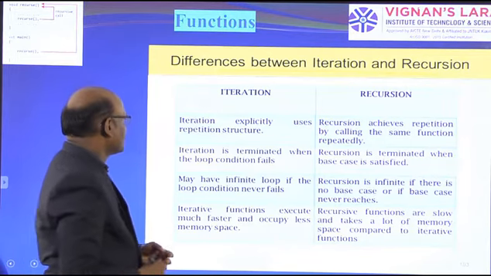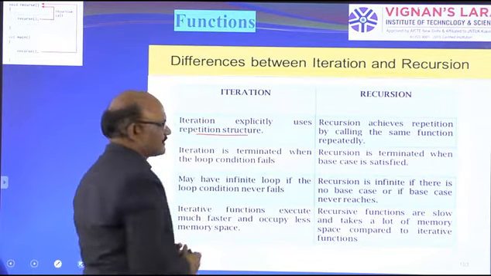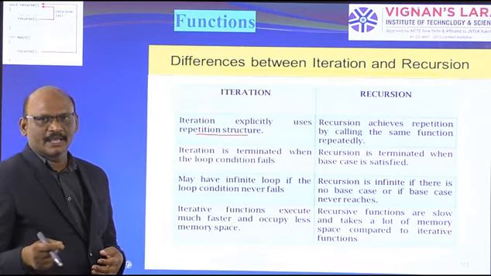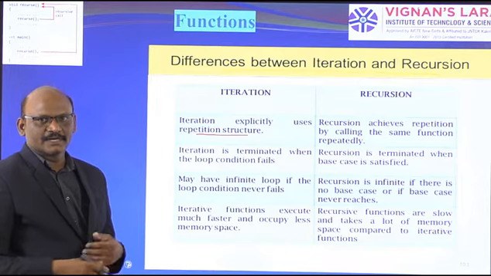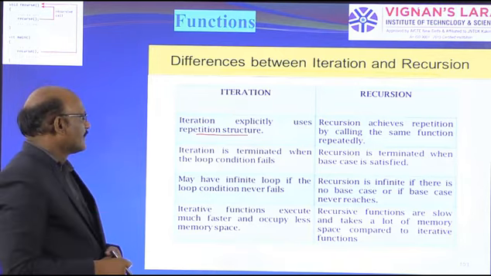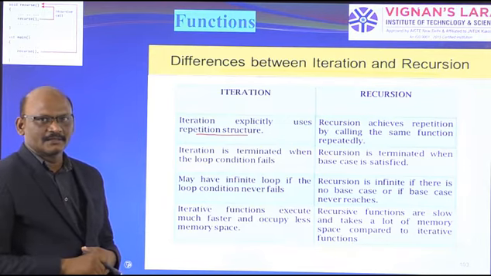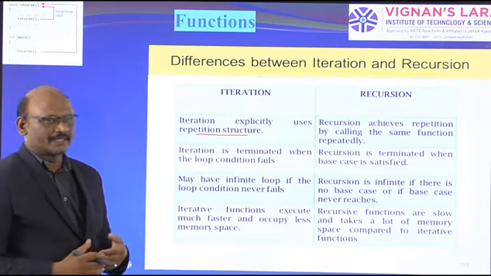Iteration explicitly uses repetition structure, for i equal to 1, i less than or equal to n, i plus plus. So we are explicitly giving that repetition structure with the help of initialization, testing condition and updation.